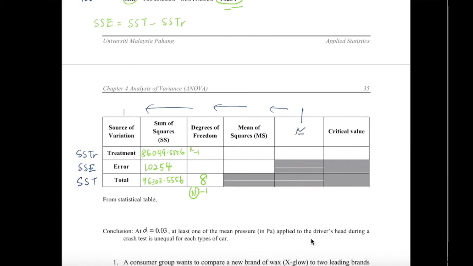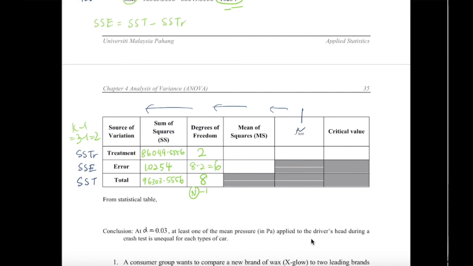So we get 3 minus 1 equals 2. How do we get degree of freedom error? 8 minus 2 equals 6.